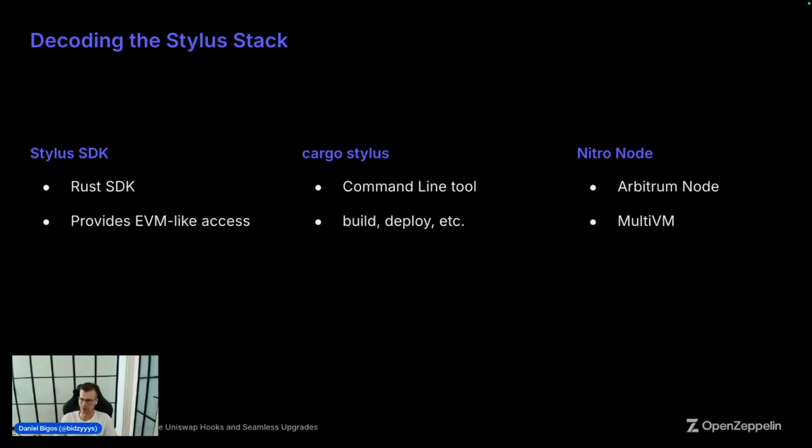Also, we have a command line tool called Cargo Stylus. This is the tool that is used to create a new Stylus project, build a Stylus project, deploy a Stylus smart contract on a network, and do some other stuff. The last but not least is the Nitro node. The Nitro node is just an Arbitrum node that holds both the EVM and WASM virtual machines.